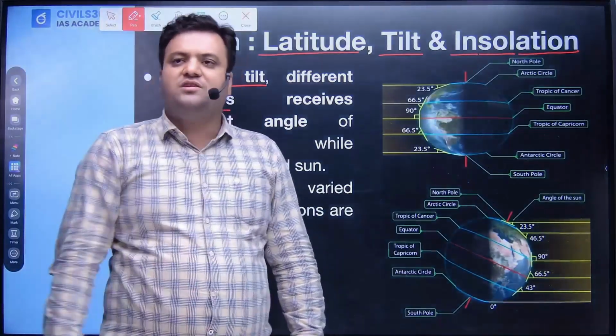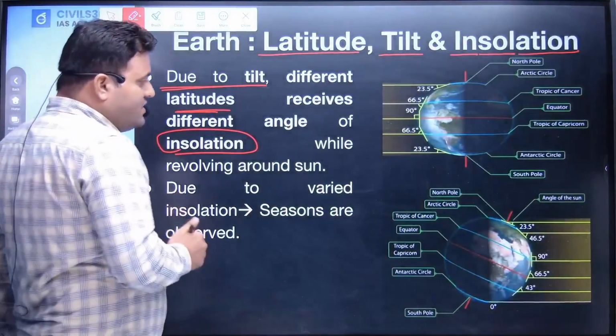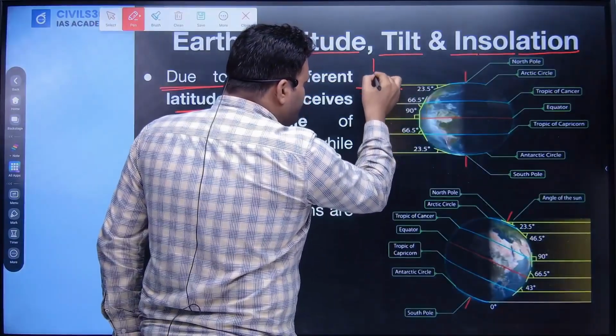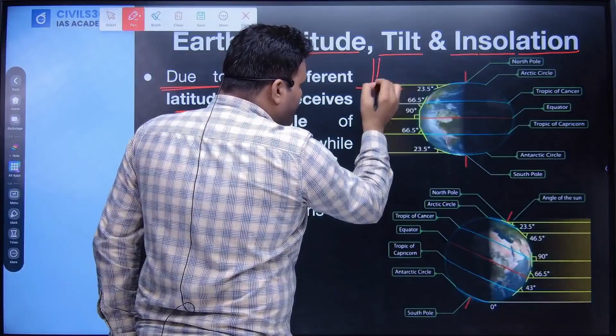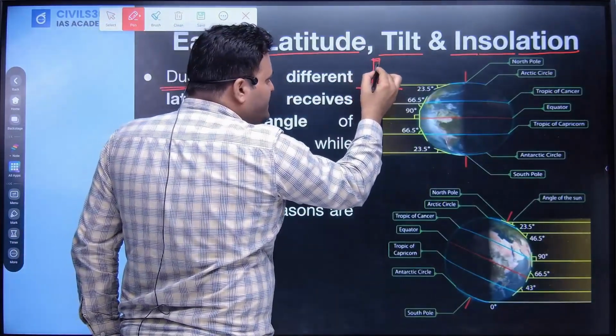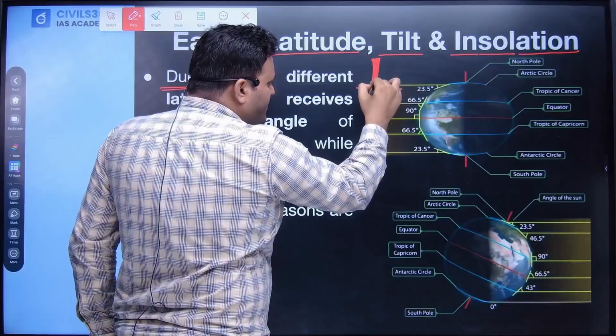Different angles of insolation are there. See, suppose we have a surface, and suppose this is the sunlight. You will see here what is happening, this is the sunlight which is spread in this way.